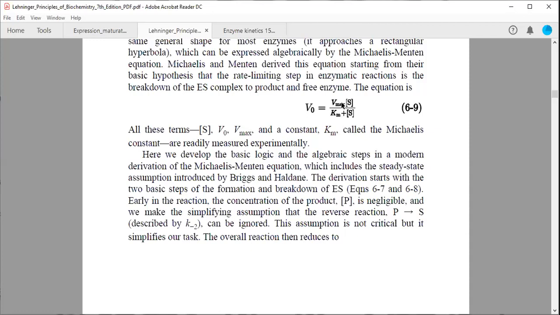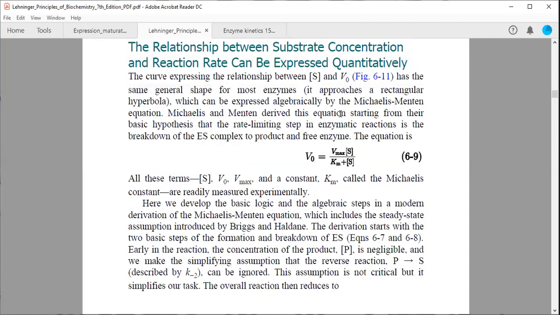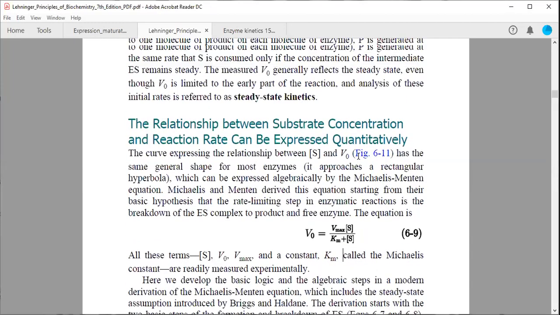We will also see three possibilities of the rate of reaction: if the substrate concentration is less than Km, equal to Km, or greater than Km. So there are three possibilities, based upon which, if this value is changing, the overall shape of this equation and the curve will change. Okay.